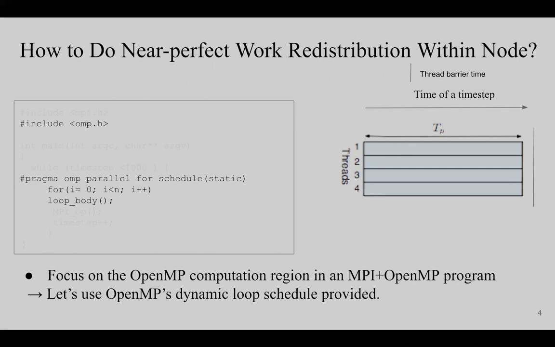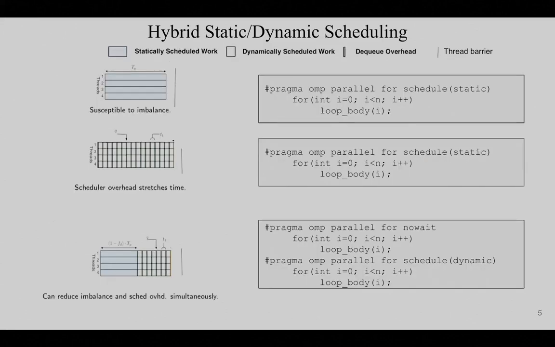The key thing here is that we use the schedule clause on the work sharing directive, and that allows us to vary how we redistribute the work across cores or across processing elements. With this, we show our key approach of low overhead, locality-sensitive loop scheduling.